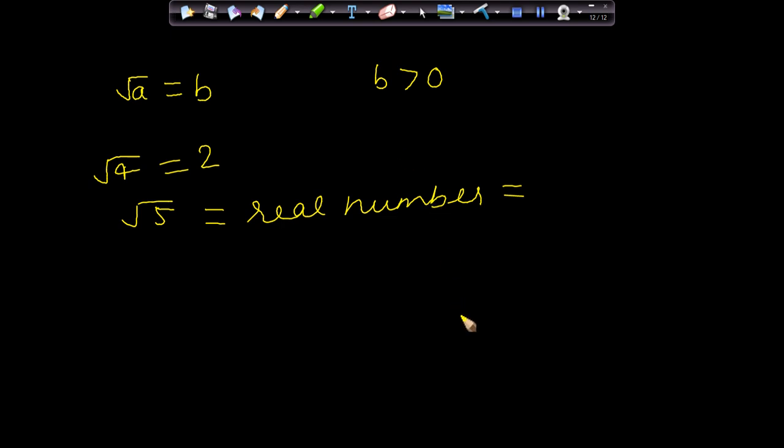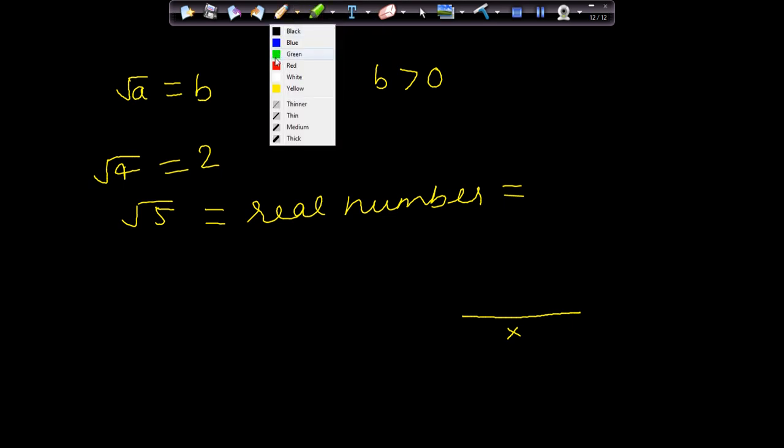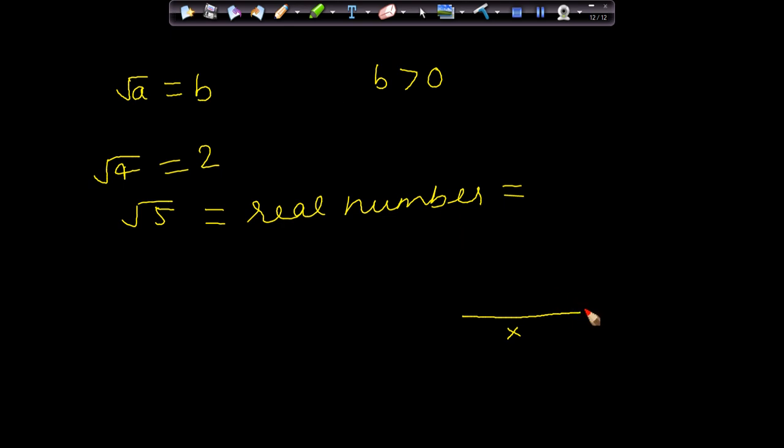So what we'll do is we'll create a line of length x. Then from this point, we'll create a line of length 1 centimeter.